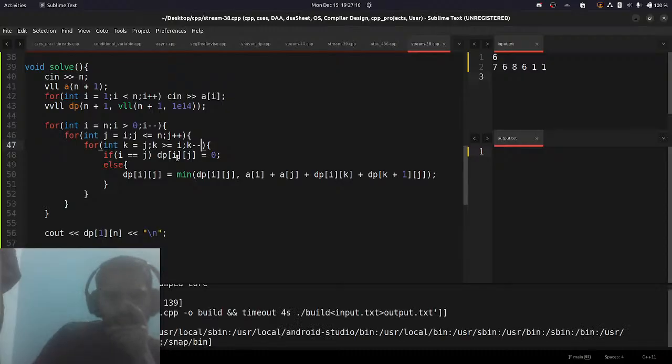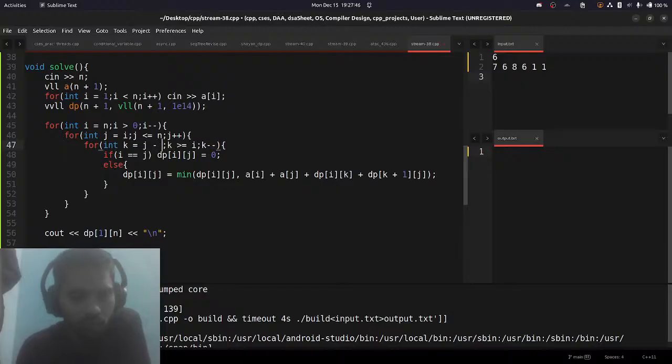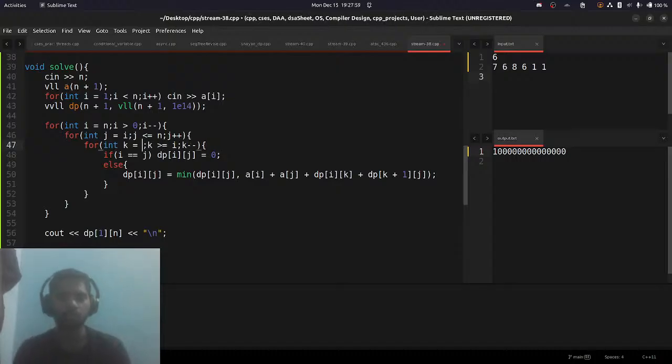Okay. j minus 1. Need to look at the DP table.